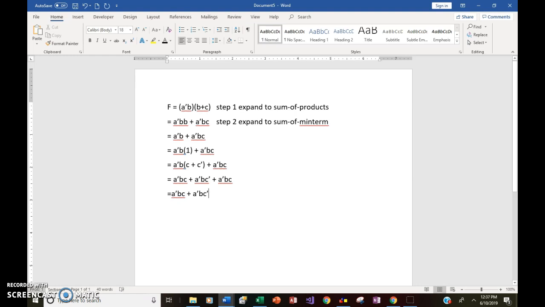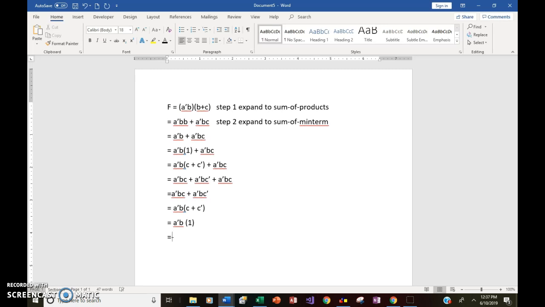Now let's see if we can simplify further, and we can, because what I see in common here is A prime B, A prime B. If we remove A prime B, we're left with C plus C prime, which is 1.